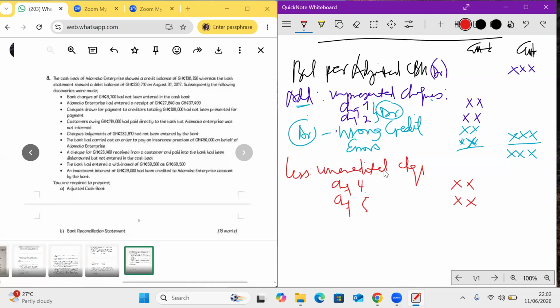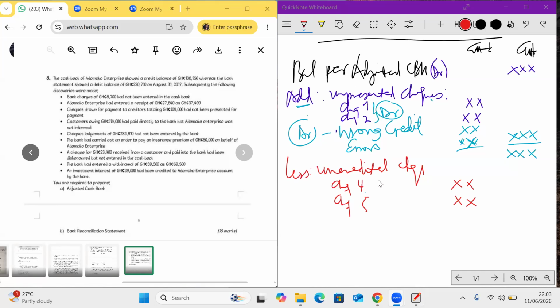The debit? No, the one at the top. The unpresented checks, they were the debit side of the bank statement.